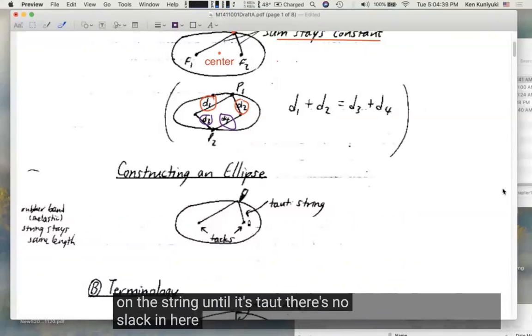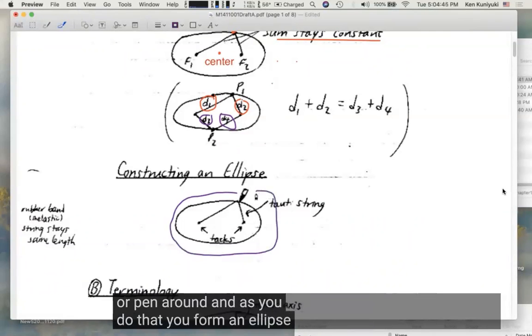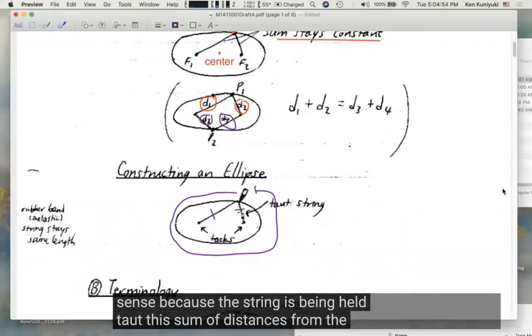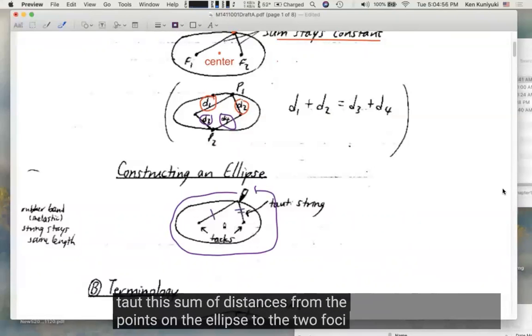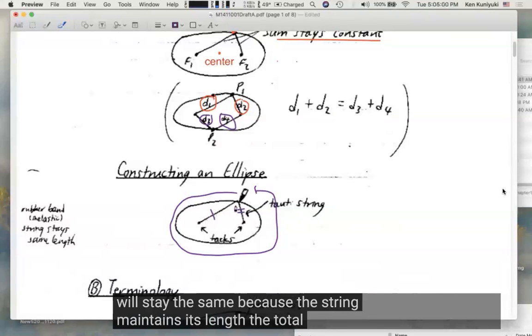There's no slack in here. You move the pencil or pen around, and as you do that, you form an ellipse. This makes sense because since the string is being held taut, this sum of distances from the points on the ellipse to the two foci will stay the same because the string maintains its length. The total length of the string stays the same.